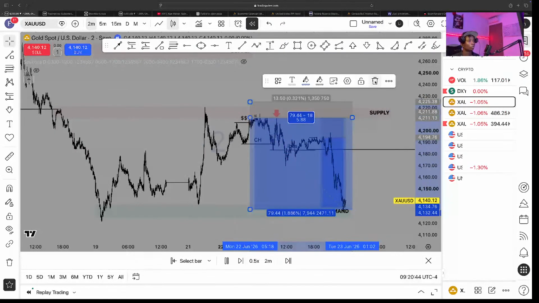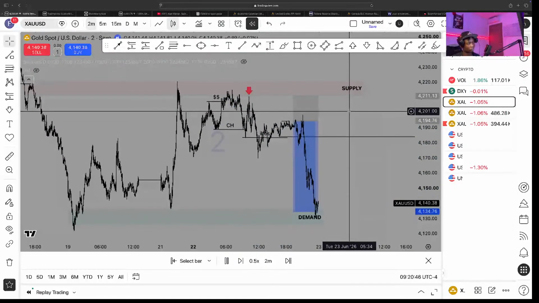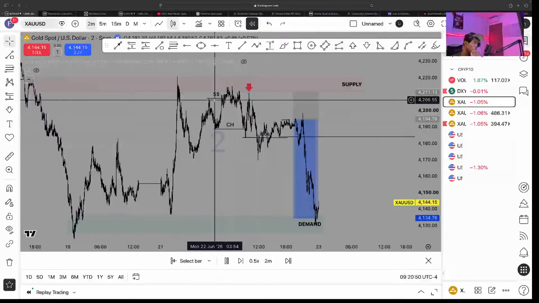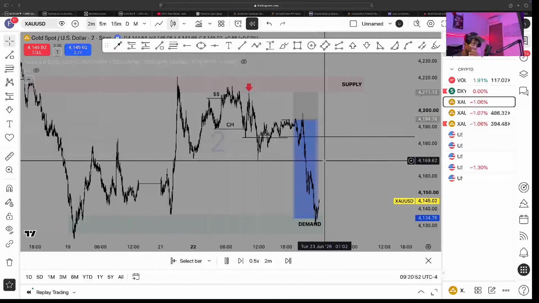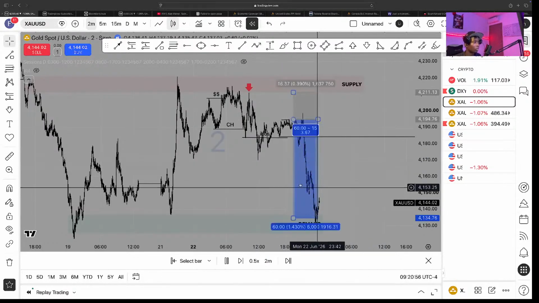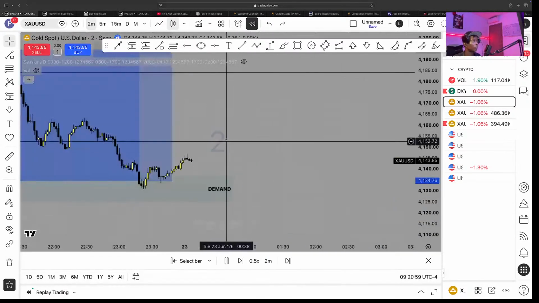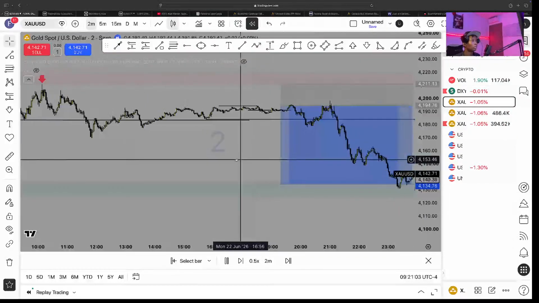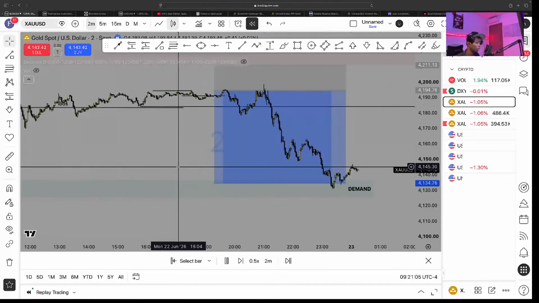But for me, I always wait for confirmation on the 2-minute after having this on my time frame. Then I will drop to the 2-minute to look for my entry. So that's the basic idea to trade supply and demand.